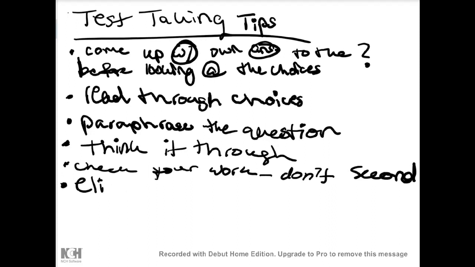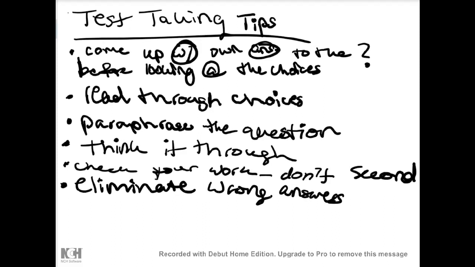Eliminate wrong answers, because that will narrow your thinking down and make the question less scary. So if A is wrong, cross it out. B could be right, leave it. C is wrong, cross it out. D could be right, leave it. Now you're just down to thinking about B and D, and the question becomes a lot simpler and easier, and you now have a 50-50 shot. Especially if you have to guess on a question, it's crucial to eliminate answers you know are wrong.